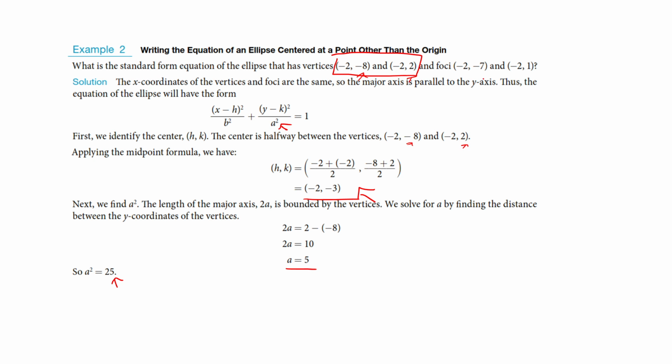Now we need B squared, but the only thing we have to work with is the foci. So let's find the distance for c. So from here to here, we have 8. So the thing is symmetrical. So the distance from one foci to another is 8. Well, the length of C is just from the middle to that point, so if we cut that in half, C must be 4.